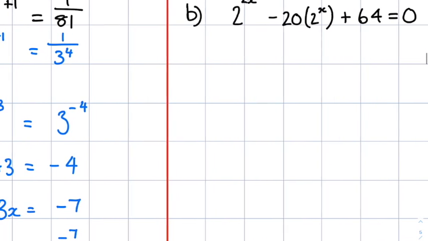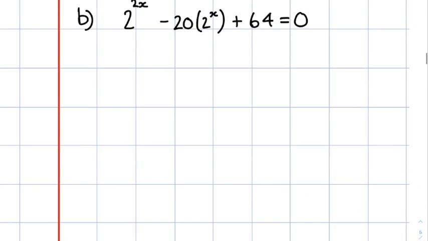Going across to question B here, don't forget, you can pause the video anytime. We've got 2 to the power of 2x minus 20 times 2 to the power of x plus 64 equals 0. I've got two different x's in two different locations. Looking through this, I'm going to rewrite it differently.